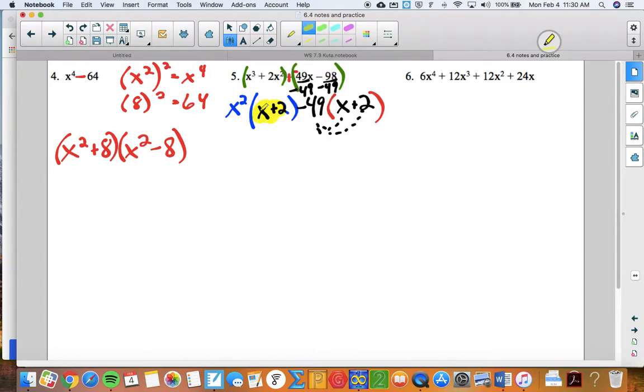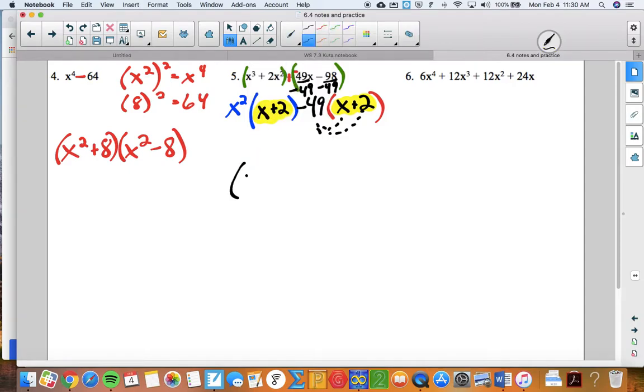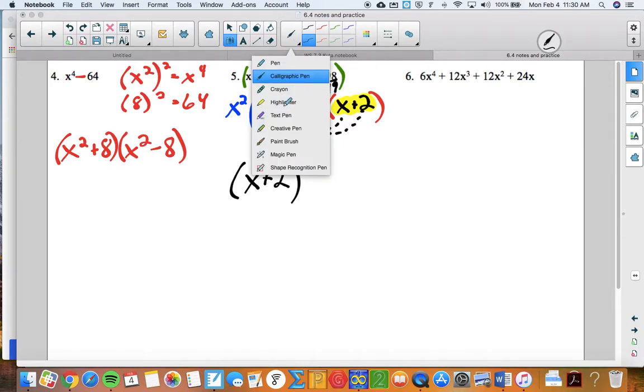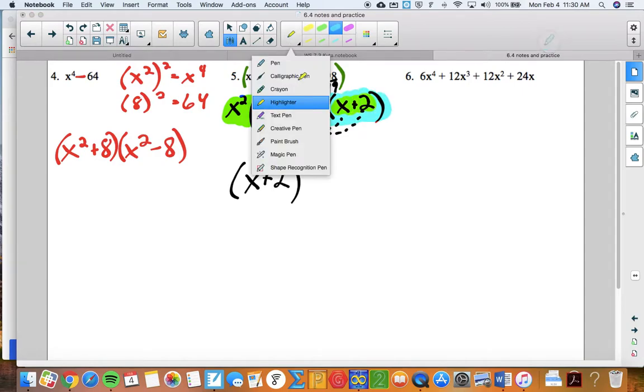So then I can factor one more time. I'm going to factor an x plus 2 out of each of these terms. And when I say each of these terms, remember terms are things that are separated by addition or subtraction. So here is a term and here is a term. Notice in the green and the blue, one of the factors is x plus 2.